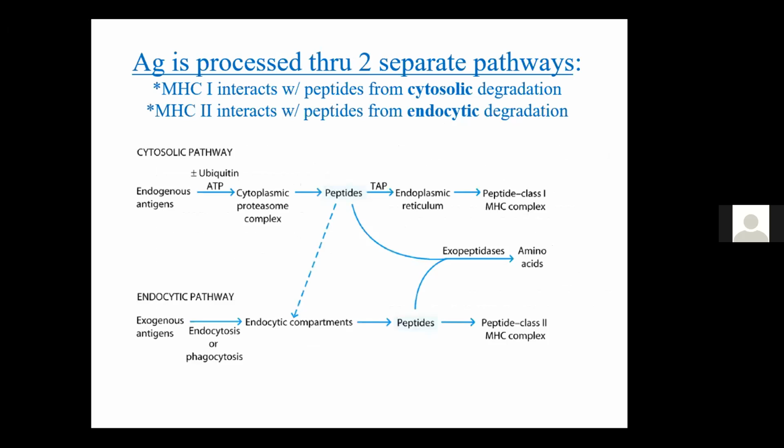Now let's look at antigen processing through two separate pathways that I've mentioned. The first pathway is the cytosolic pathway. There's another name we have discussed previously, the endogenous pathway, and this can sometimes be called the class 1 pathway.